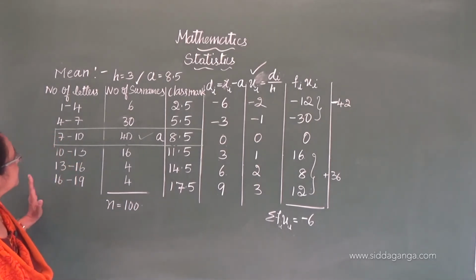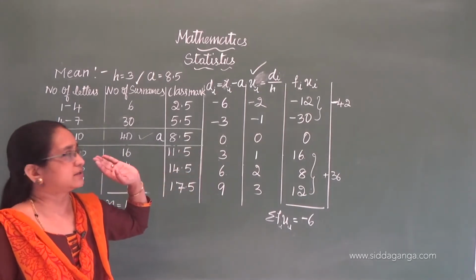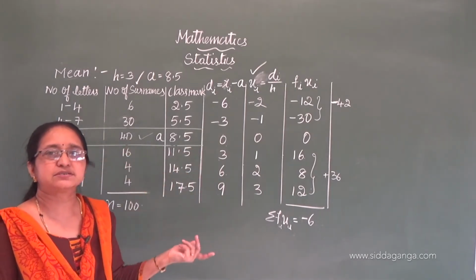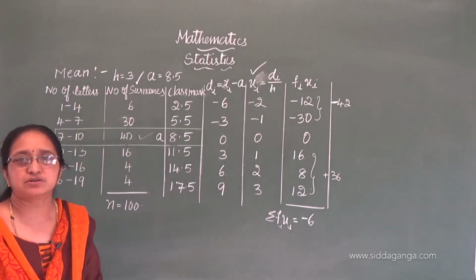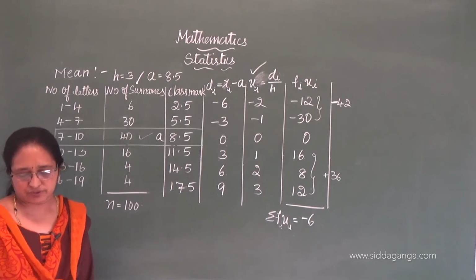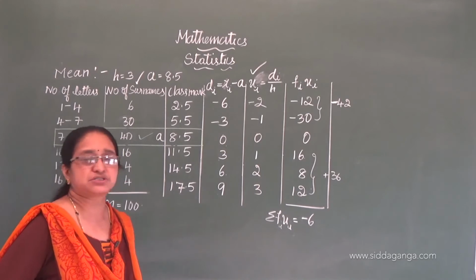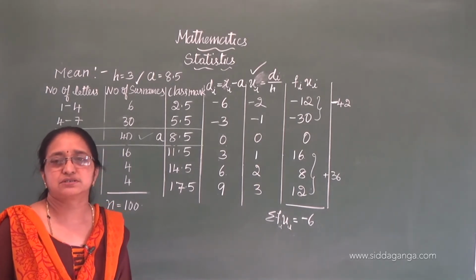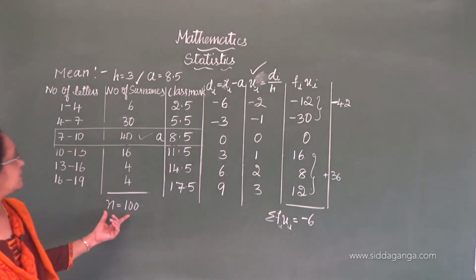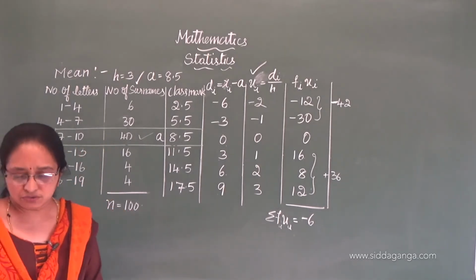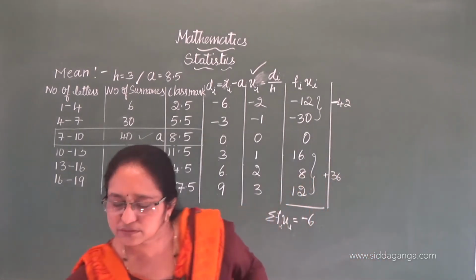Okay, now I hope you can recall all these columns. Now what is the next step? Next step is you have to write the formula and calculate the mean. So can you recall the formula to find out the mean? Assume I am doing the step deviation method. So write the formula first.